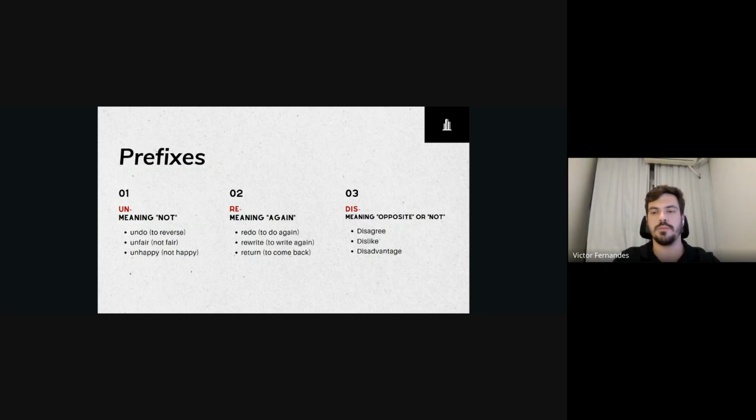Disrespect, for example, would be the opposite of respecting. Redo and undo look similar, but redo would be doing it again. Undo would be reversing, like when you click the arrow going back, you're undoing something.